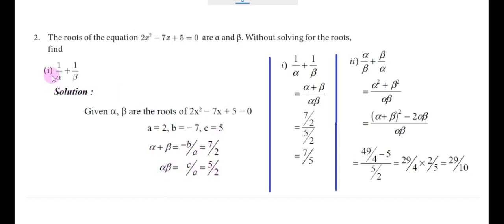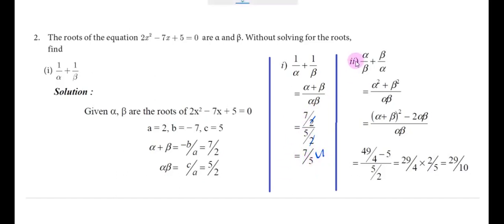Now let us find 1 by alpha plus 1 by beta. Move this beta to the left side there and alpha to the right side there. So alpha plus beta by alpha beta, that is equal to alpha plus beta, it is 7 by 2, so 7 by 2 by alpha beta, it is 5 by 2. Understood? Look, 2 cancel, so that is equal to 7 by 5. Clear?